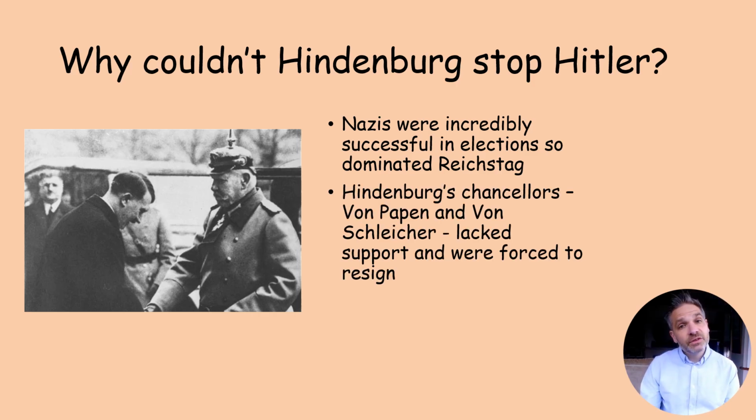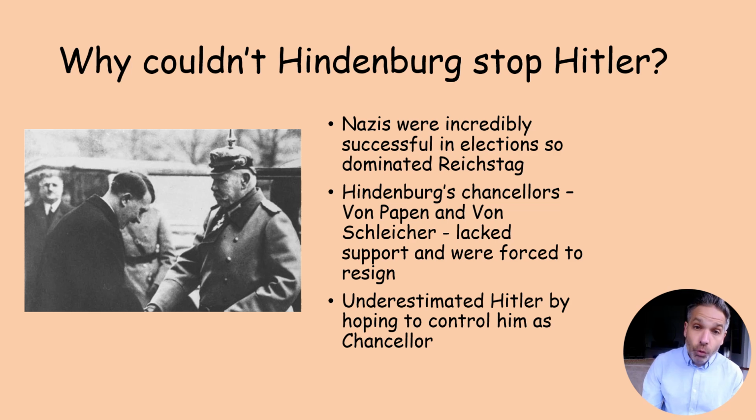Now, what he tries to do is appoint other men, and again, I'm just giving you the very broad brush information here, but he tries to appoint others as Chancellor, von Papen, von Schleicher, but none of these have the support in the Reichstag to hold that top job of Chancellor. And in the end, Hindenburg is forced to appoint him as Chancellor in January 1933.